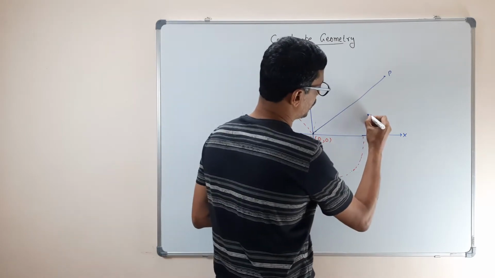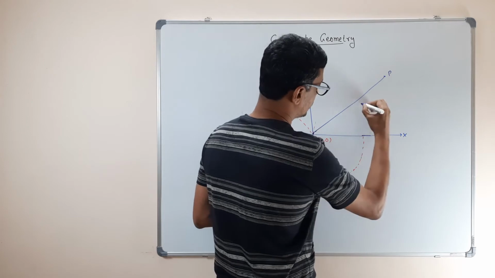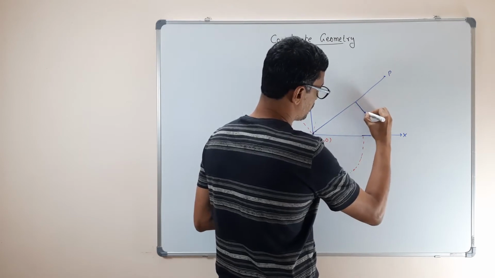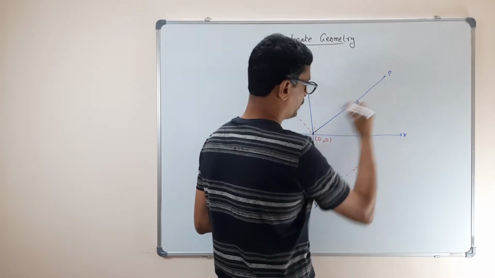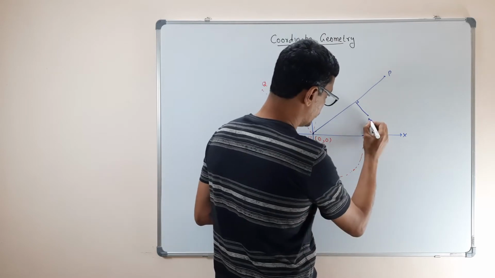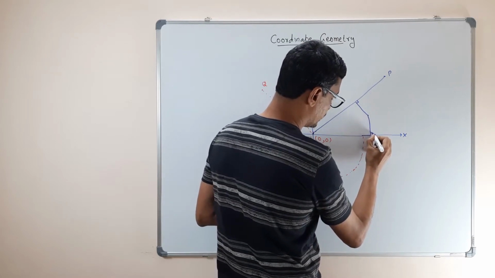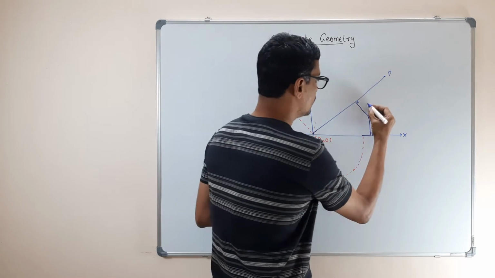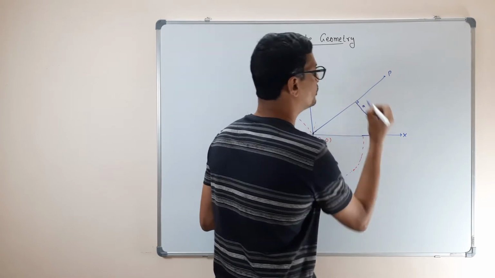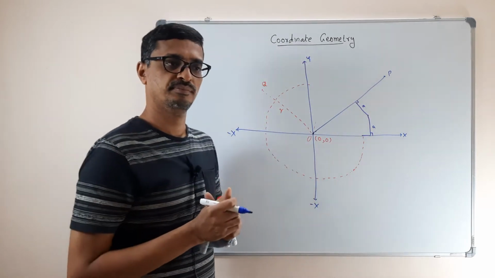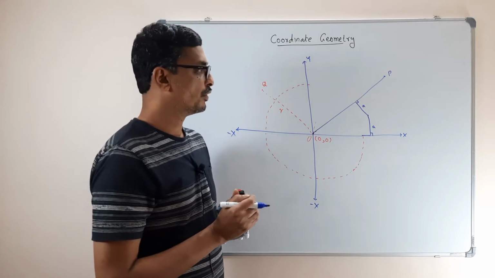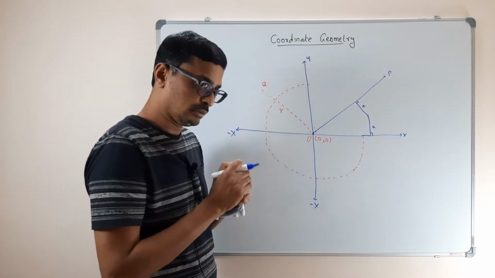I'm asking you, give me a point such that this is the perpendicular distance from OP and this is the perpendicular distance from OX. So this distance has to be the same. A can be any number.